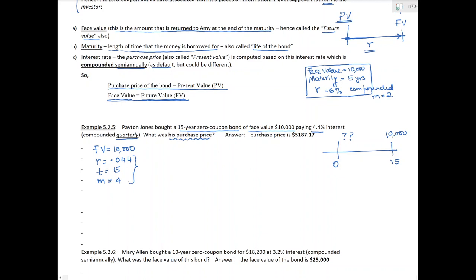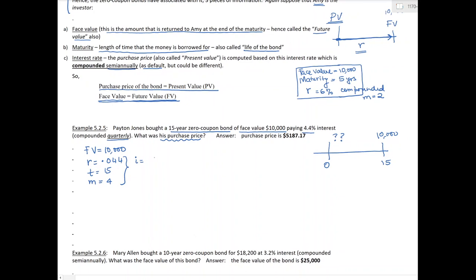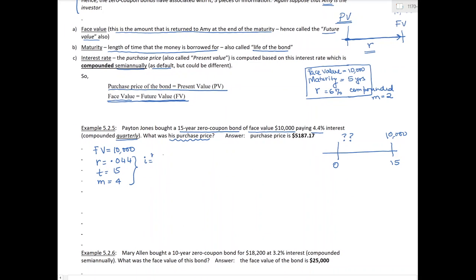Now with these three numbers, I can find my I. I would be R over M. So that is 0.044 over 4. So that's 0.011. And then N is M times T. So that's 4 times 15. So that is 60.